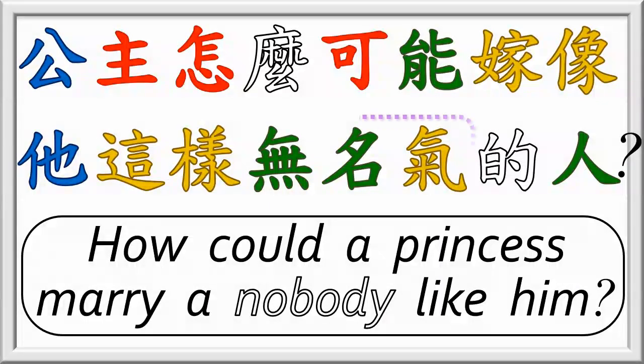Because at nightfall, it's necessary to self-identify by calling out one's name. 名气 refers to one's reputation or fame, literally the vital force of one's name. 无名 means nameless, and 无名气 means someone who is unknown or a nobody. 公主怎么可能嫁像她这样无名气的人? How could a princess marry a nobody like him?